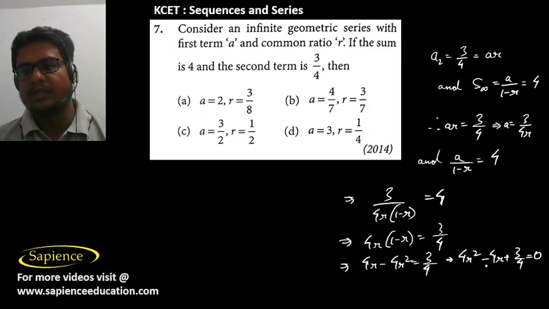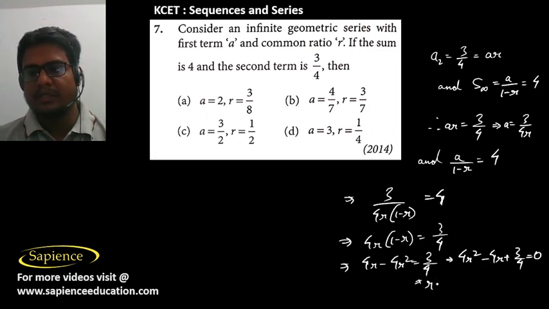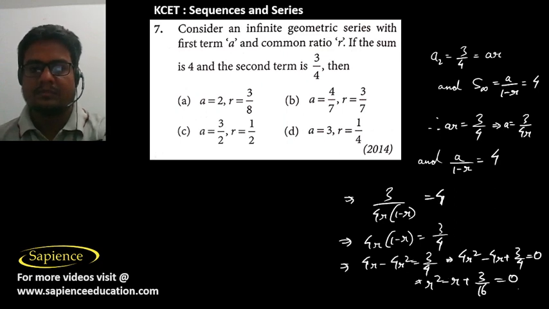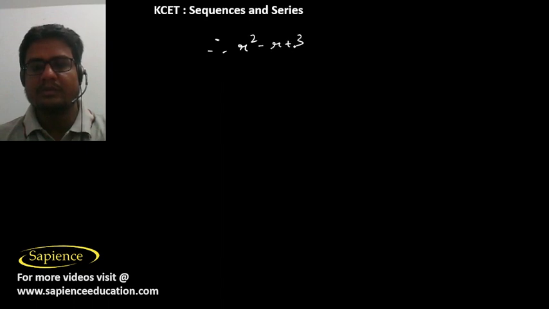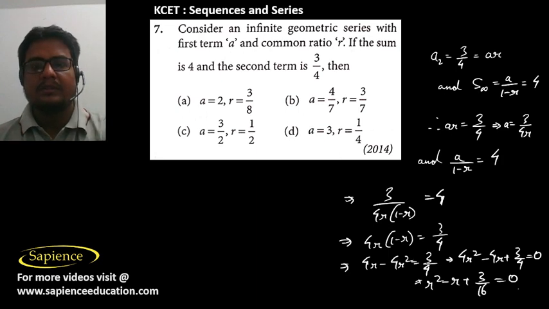Now we have to find r. So from here we can write r square minus r plus 3 by 16 is equal to 0. So we are getting the quadratic equation r square minus r plus 3 by 16 equal to 0.